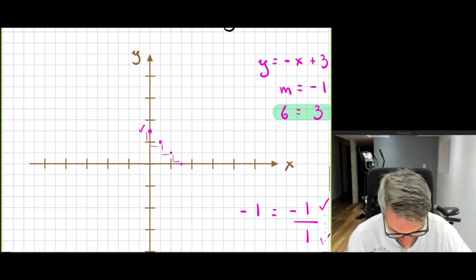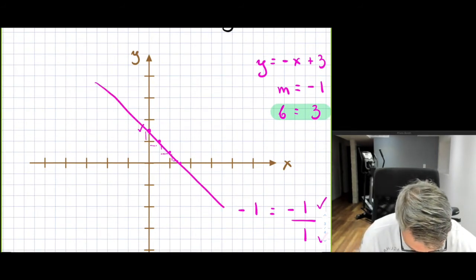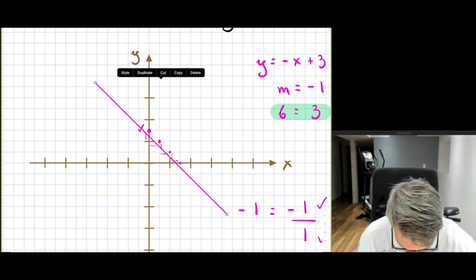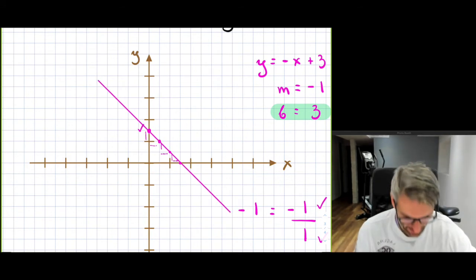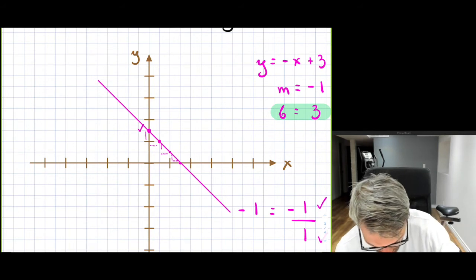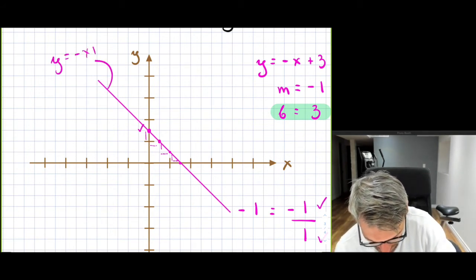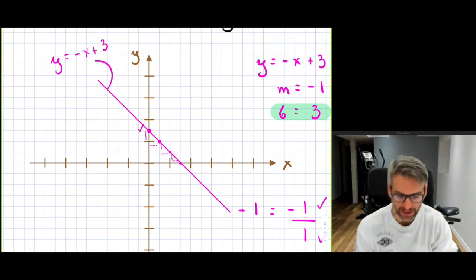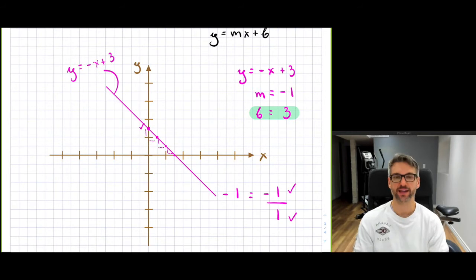So now you can just draw your line. Let's shift this over so that it crosses through. And there is your line. Now you can label it, since sometimes teachers like to see that: y is equal to -x plus 3. And that's how you graph these lines.